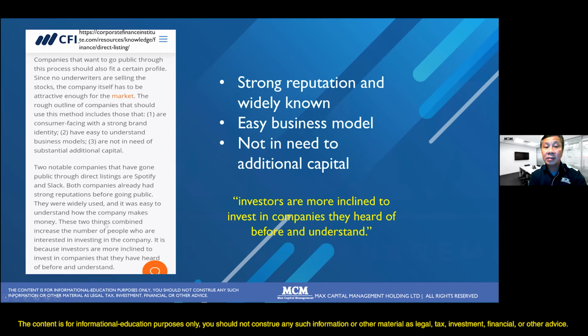These two things combined increase the number of people interested in the company, because investors, definitely people like us also, are more inclined to invest in companies that we are familiar with beforehand and also understand. So it's not for just any company, but especially good for those that already have a big customer base, such as Spotify and also Coinbase.